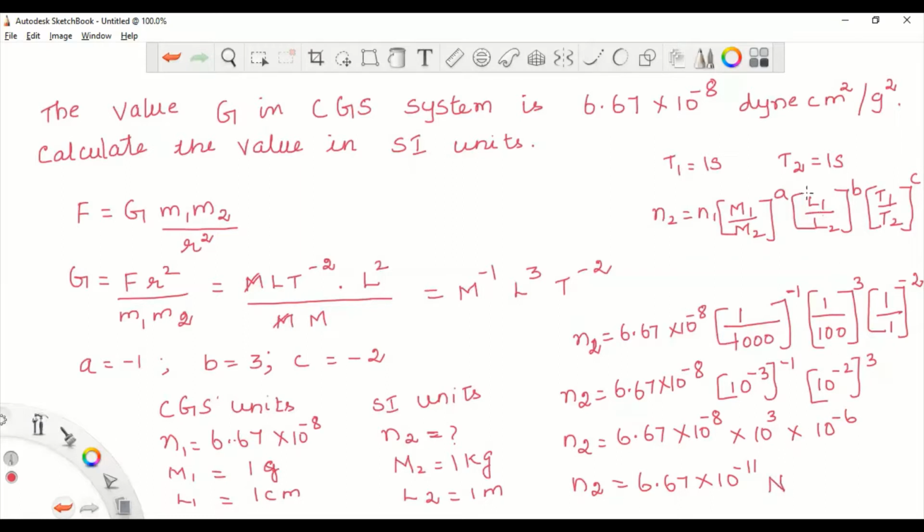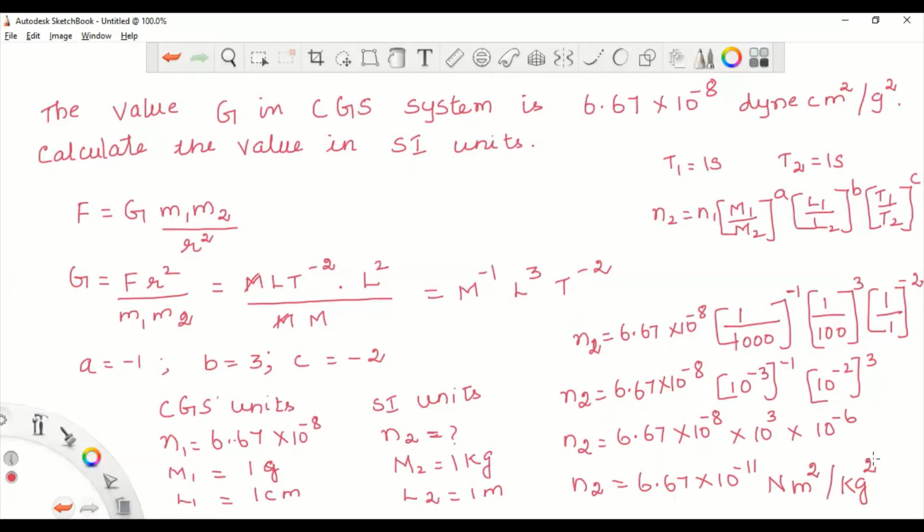Here, dyne. Here, Newton. Then similarly here, centimeter square. So, here you will get meter square, per kilogram square. So, we have converted the value of G from CGS system to SI system. Okay. So, this is the most important question, children.